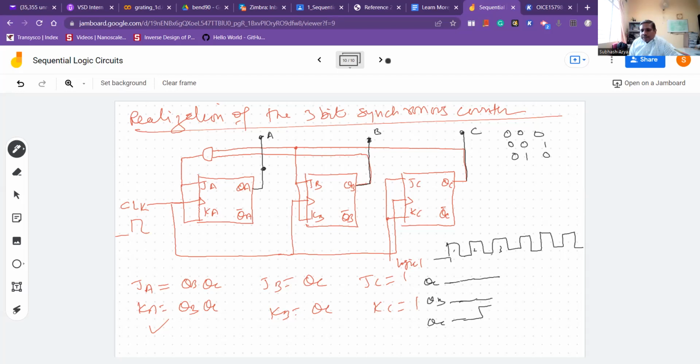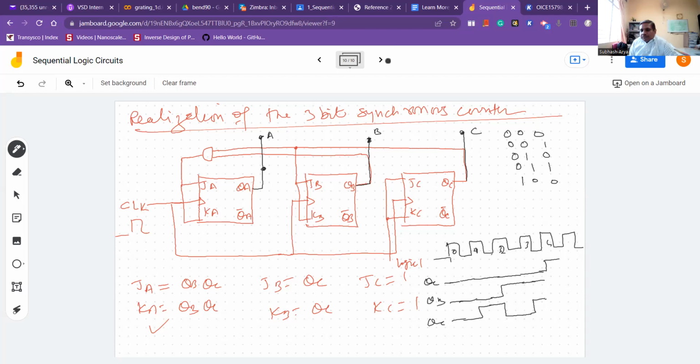It means that B will be high here. The next will be 0, 1, 1, so B and C will be 1. Next is 1, 0, 0. Now the fourth clock pulse comes, so this is 0, this is 1, this is 2, this is 3, this is 4.